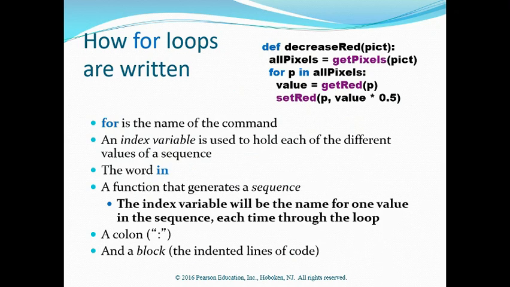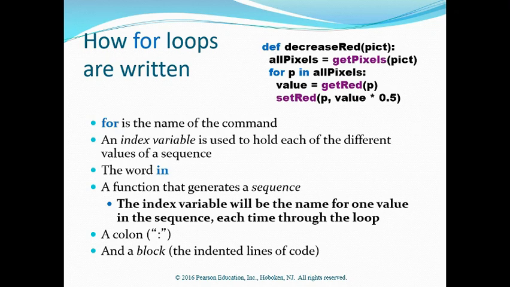So how are for loops written? For is the name of the command. So we see for p in all pixels, right? An index variable is used to hold each of the different values of a sequence. The word in. So we can see for p in all pixels. So we're saying, you could say, for each chip in the bag of chips, right?